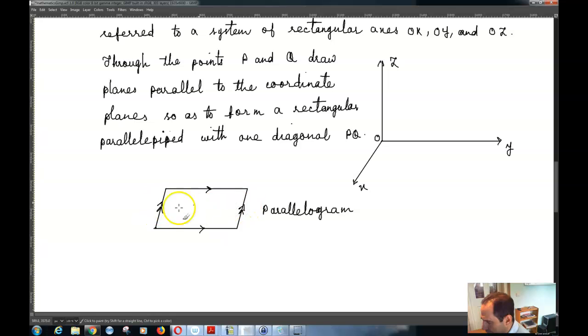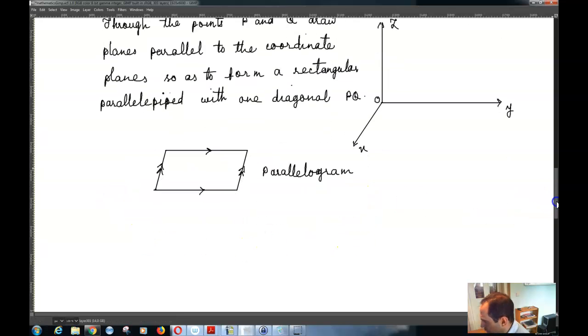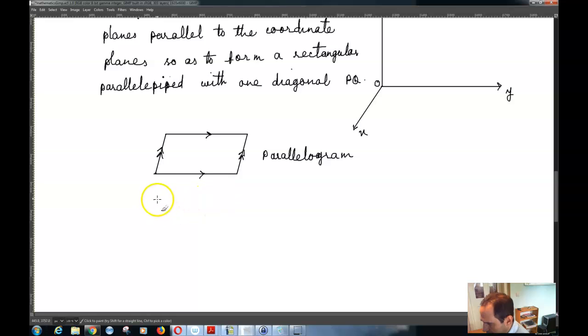And so if these two are parallel and these two are parallel, then this geometric figure is called a parallelogram. And by the same condition, this is also a parallelogram, and you can see that over here the angles are 90 degrees. So this is also a parallelogram, which is, of course, incidentally, a rectangle.